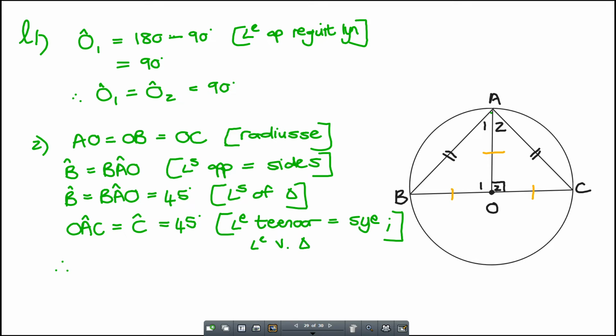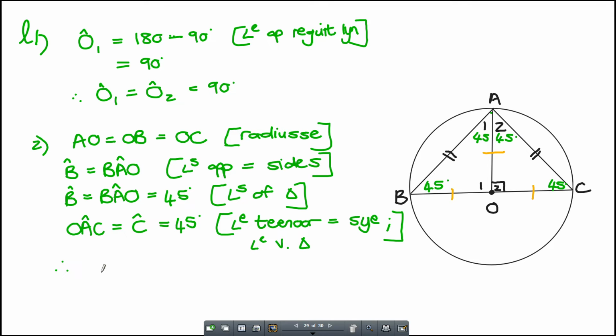So dis, omdat hoekie B 45 is, en hoek C 45 is, hoeveel gaan daai hoek A in totaal wees? En ook, onthou hierdie is 45 en daai is 45.